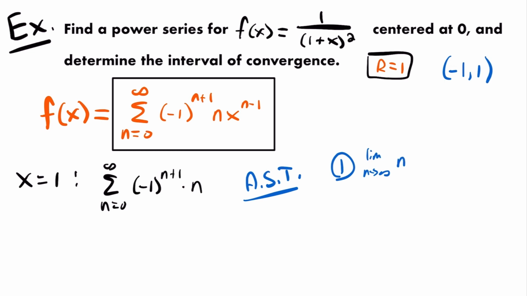And so the limit as n approaches infinity of n is just going to be equal to infinity, right? As n approaches infinity, n approaches infinity. And that is not equal to 0. And so from the alternating series test, or you could also say from the divergence test, this series does not converge. It diverges.